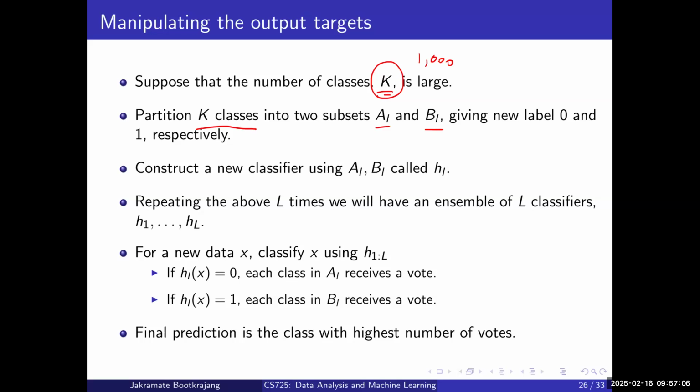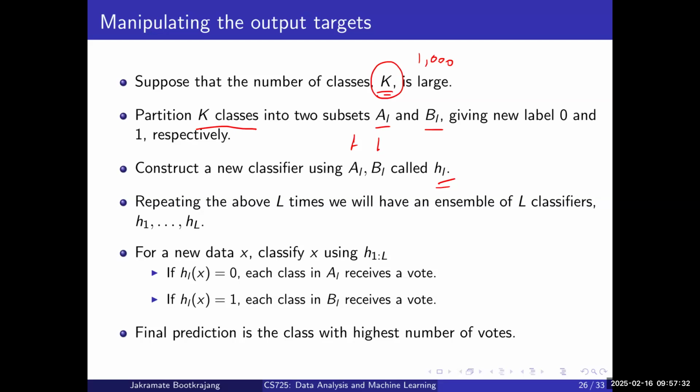Right? So we can have like 1,000 classes, but we group the classes into two big groups. One would be label 0, one would be label 1. And then we construct a new classifier using this new group AB, and then we call it H1 or whatever.